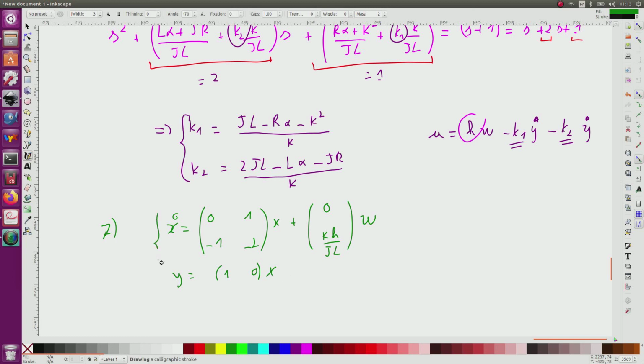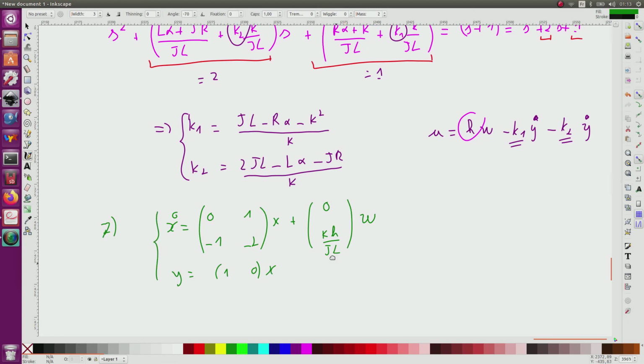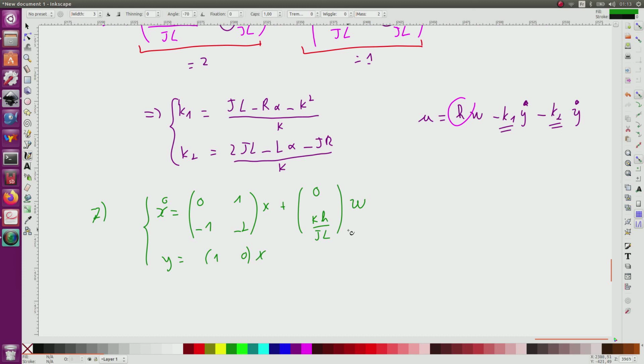Now what I want is to find the value for h here.